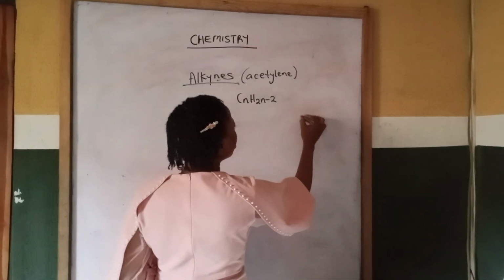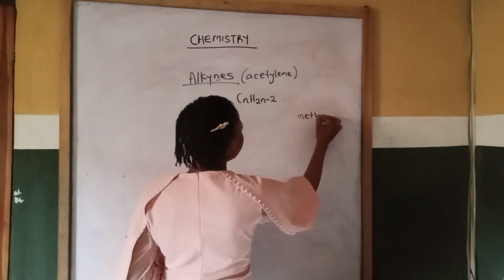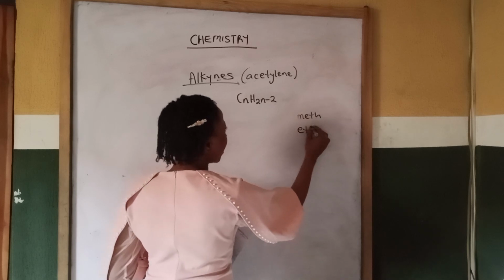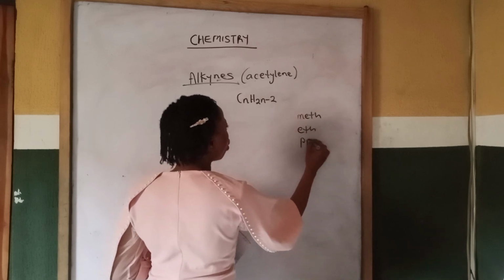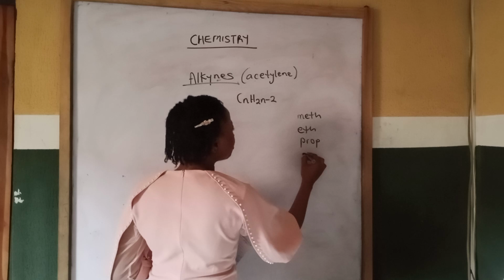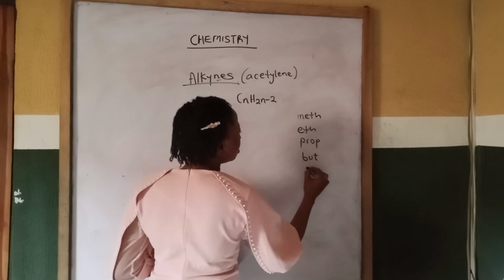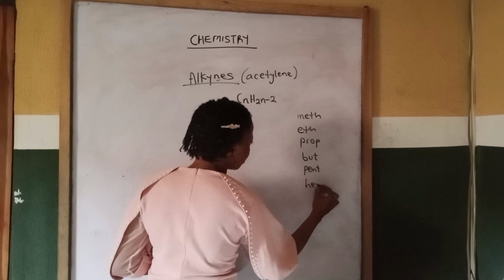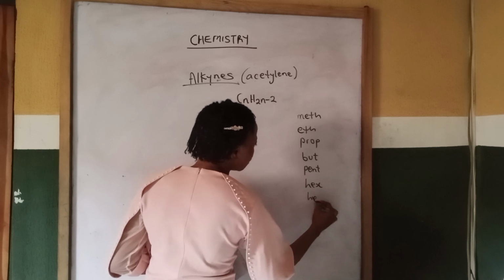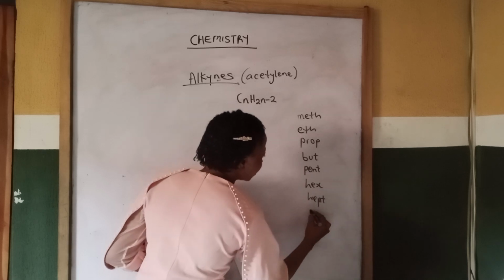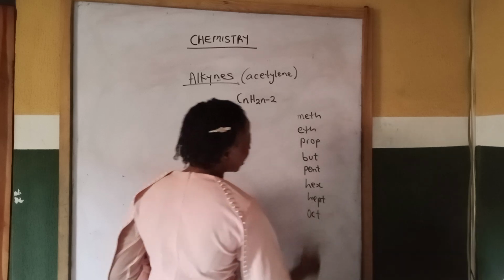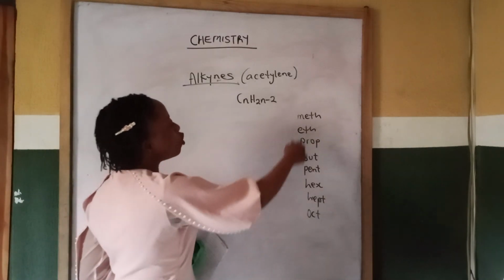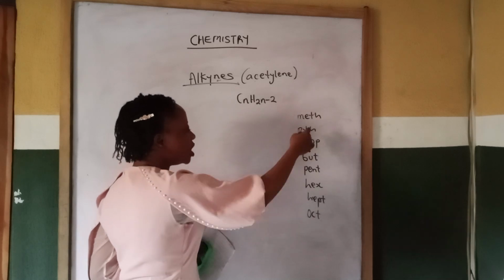The first member starts with meth, the second with eth, the third with prop, the fourth with but, the fifth with pent, the sixth hex, the seventh hept, the eighth oct, the ninth non, then dec. So you derive their names from these prefixes.